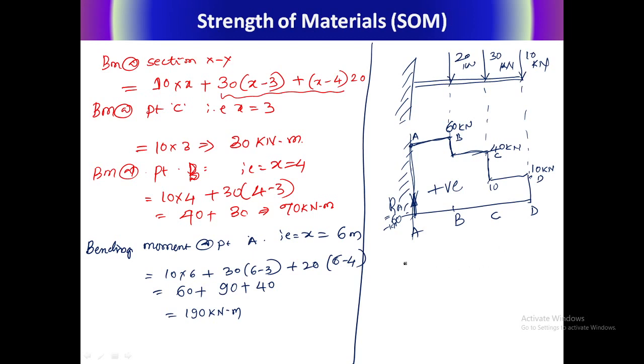Now this is the shear force diagram. Now I want to draw the bending moment diagram here. As seen, the bending moment diagram is negative because it's going to form a hogging moment, not a sagging moment. Now the variation is linear here, so you need to get some linear variation.